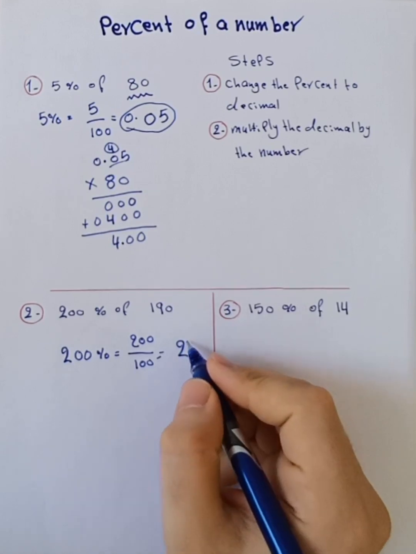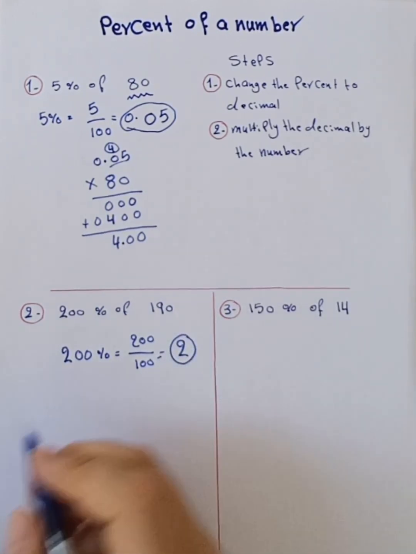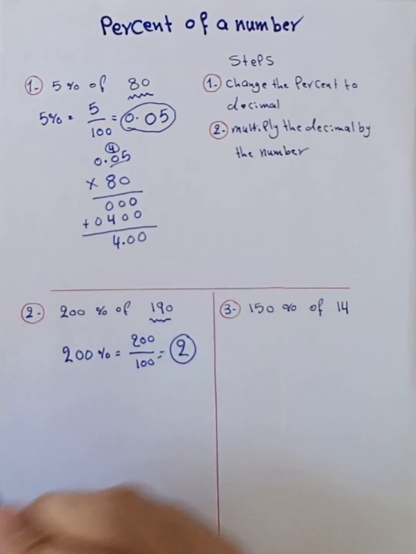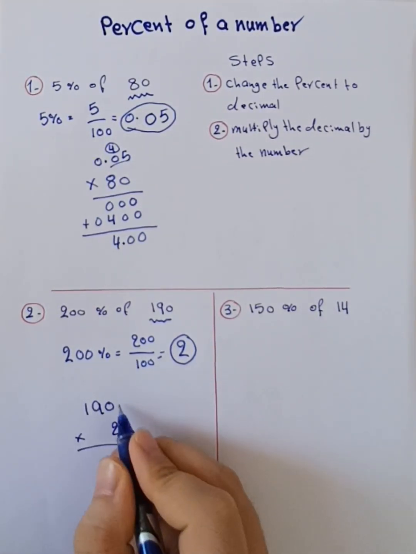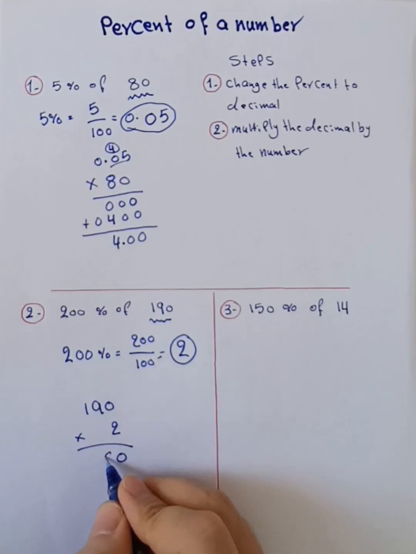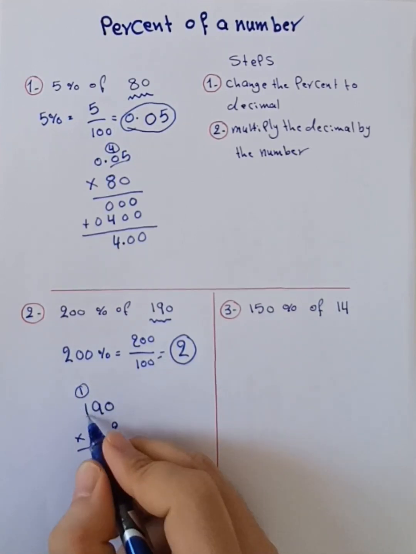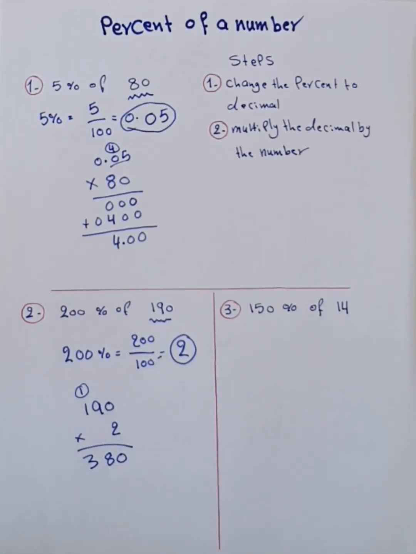After that, we have to multiply this number by 190. 2 times 0 is 0, 2 times 9 is 18, we have to regroup. 2 times 1 is 2, plus 1 is 3. So 200% of 190 equals 380.